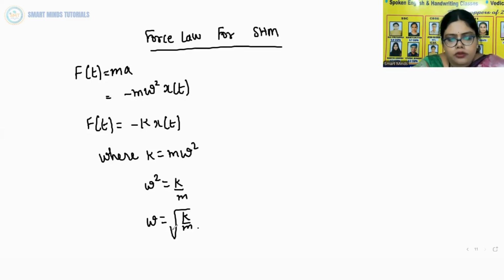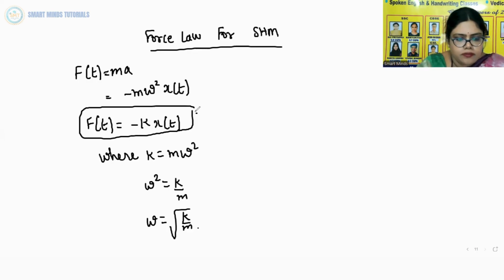Also note that force in this formula is linearly proportional to x of t. So a particle oscillating under such a force is called a linear harmonic oscillator. In the real world, the force may contain some additional terms proportional to x square, x cube and so on. These are called non-linear oscillators.